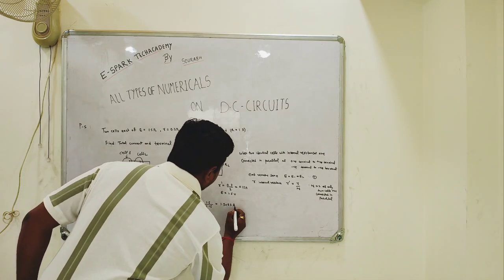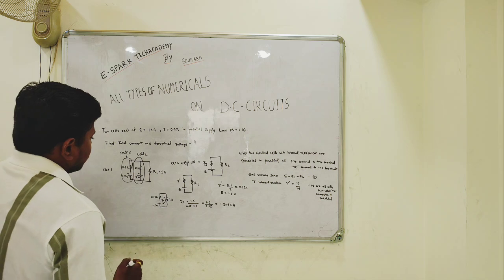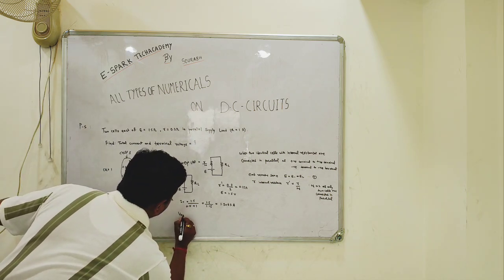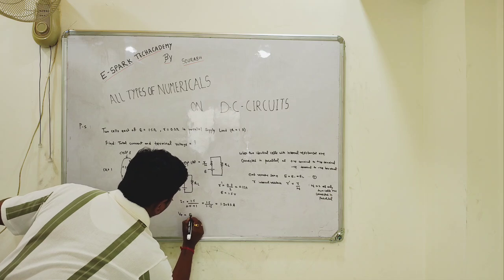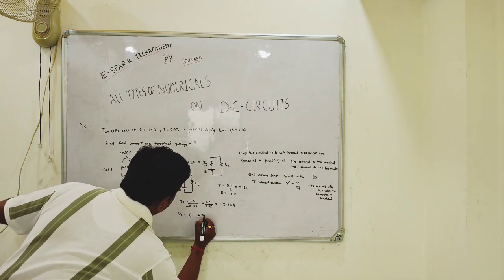And here you can see, now what is asked again is terminal voltage. Now terminal voltage Vt is equal to the basic formula E minus I into small r.